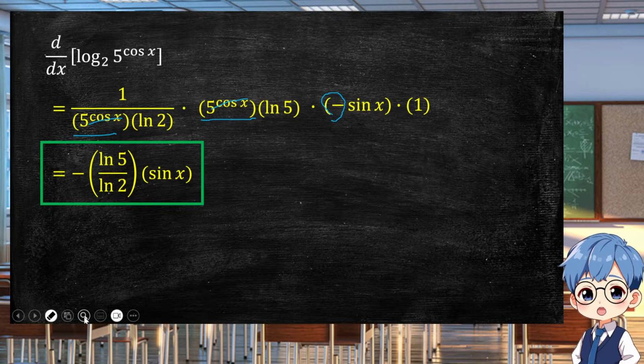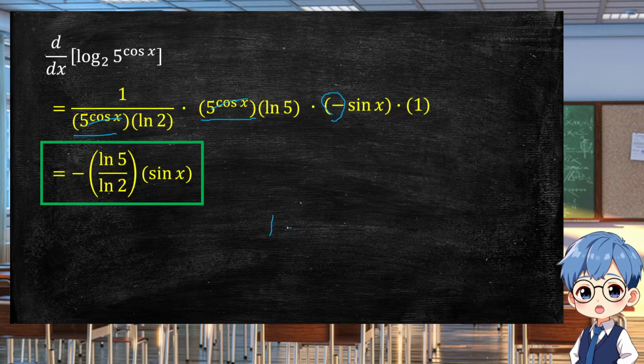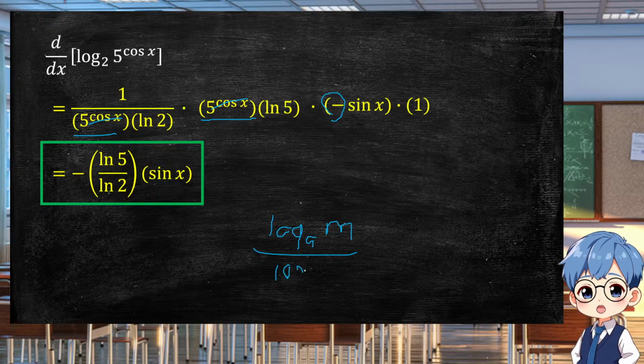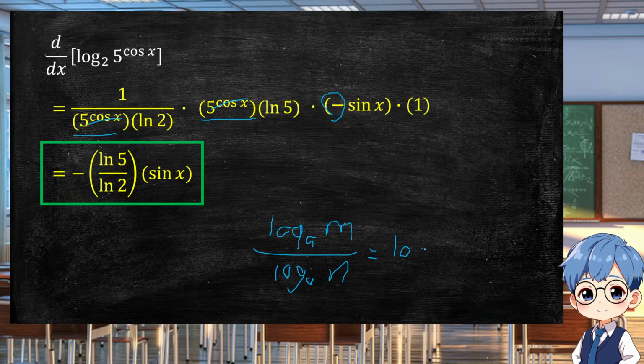Or we can actually use also the change of base. So take note, change of base: if we have log of the same base, let's say log to the base a of m over log to the base a of n, this is just the same as log to the base n of m.